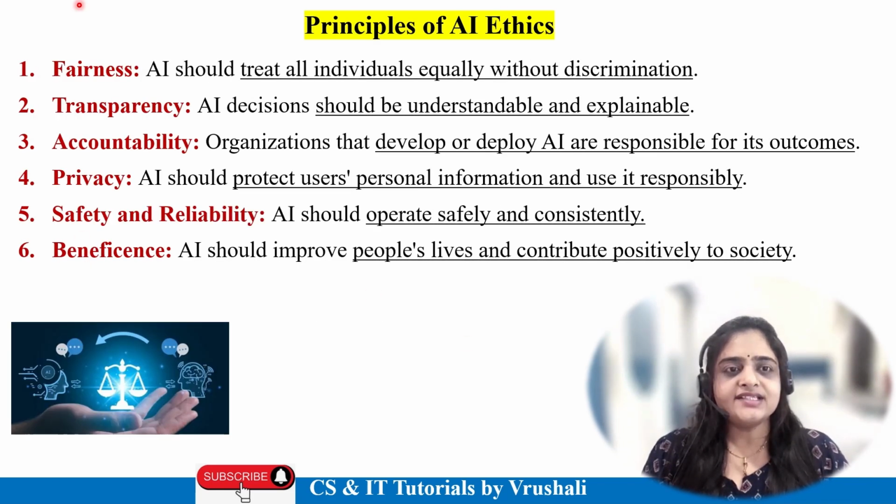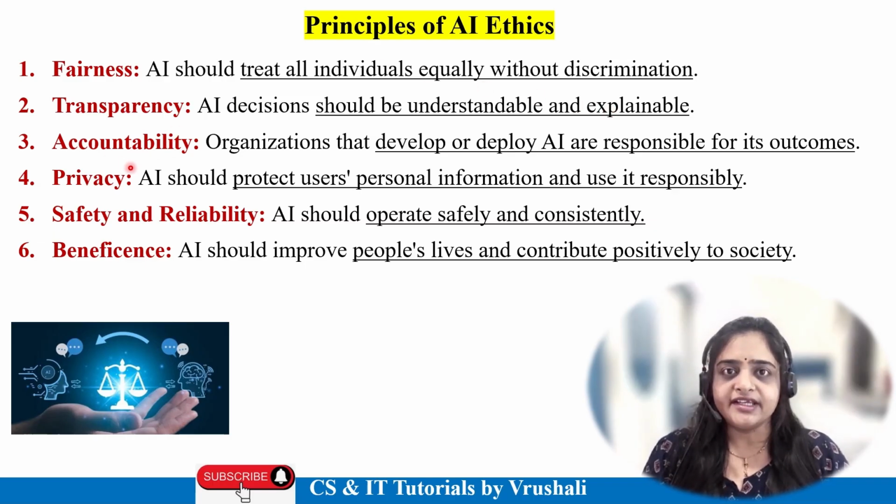Now, there are six main principles of ethics. The first one is fairness. An AI system should treat all individuals equally. They can't discriminate based on age, caste or color, right? So they treat all individuals properly. Next one is transparency. AI decisions should be understandable and explainable. For example, on ChatGPT, we can ask any question and ChatGPT gives the answer properly, explaining why this matters, right?